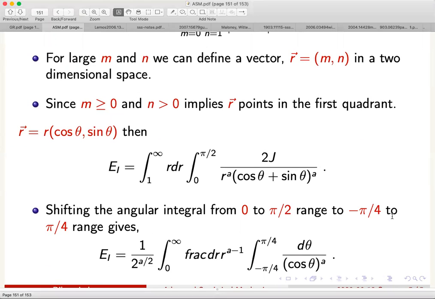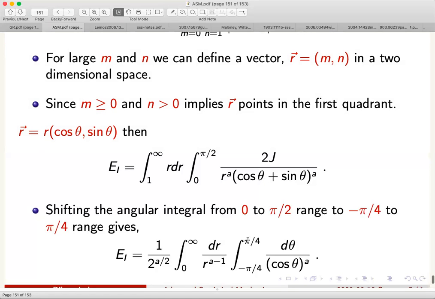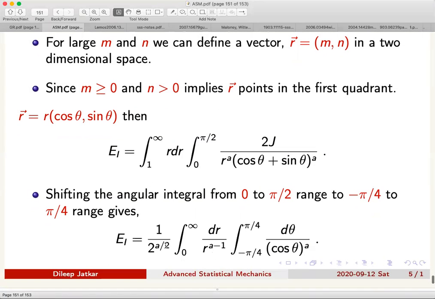The advantage of rewriting this in terms of a shifted variable is that it is the same as just shifting the theta variable. But if you do that, then you can get this expression.